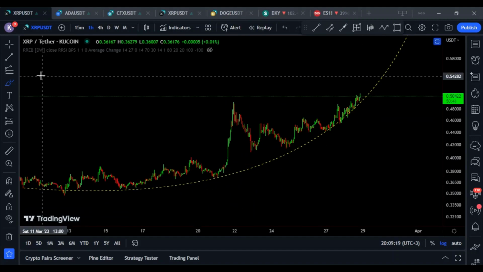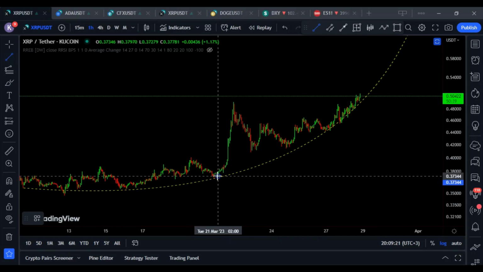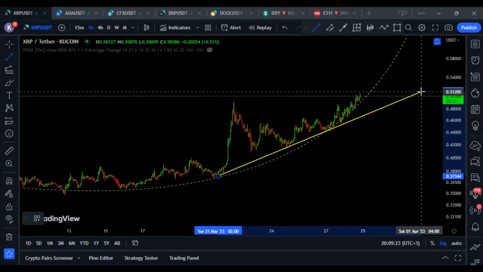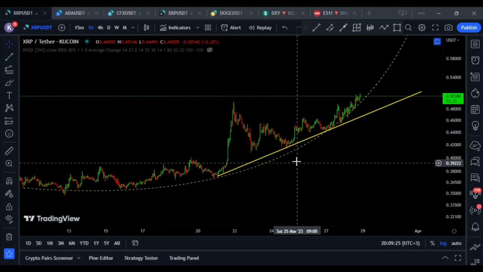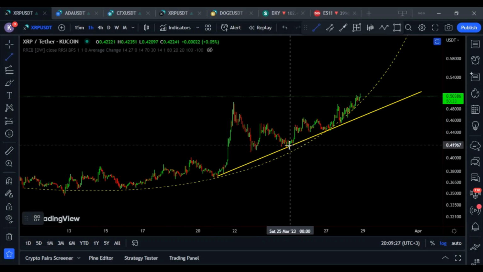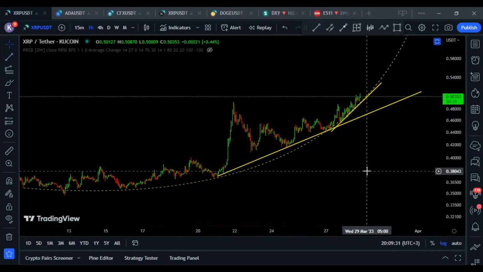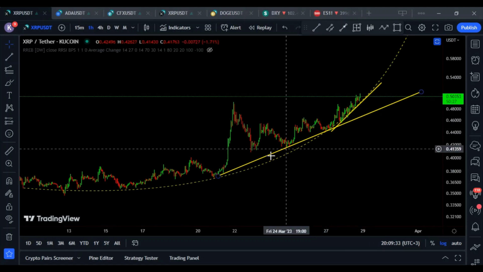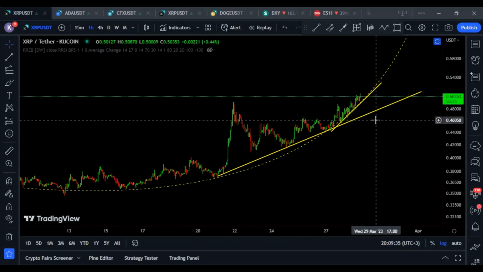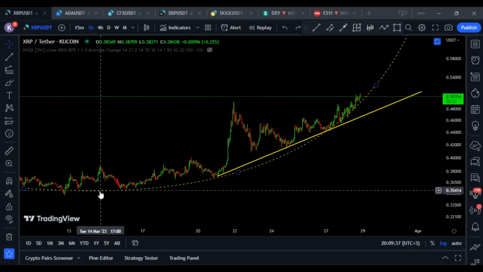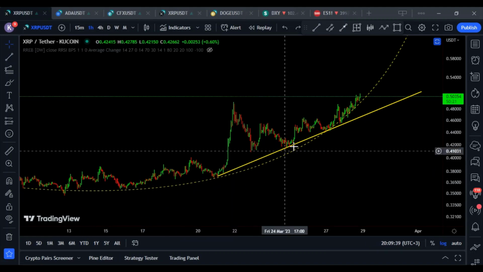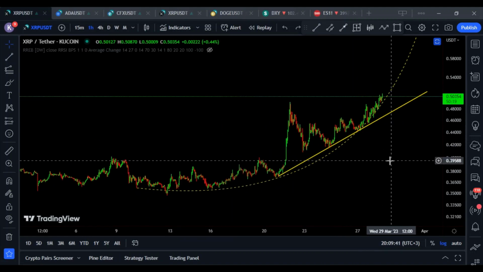Now I could rely on a straight line as a support, maybe like so, and another straight line from here to here. So I needed two straight lines to determine a support. But when I use the curve, it will follow my price action.